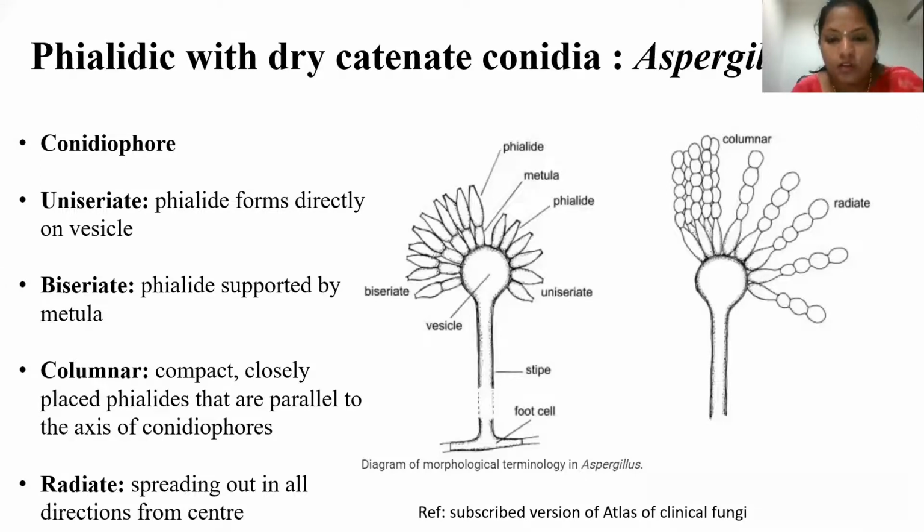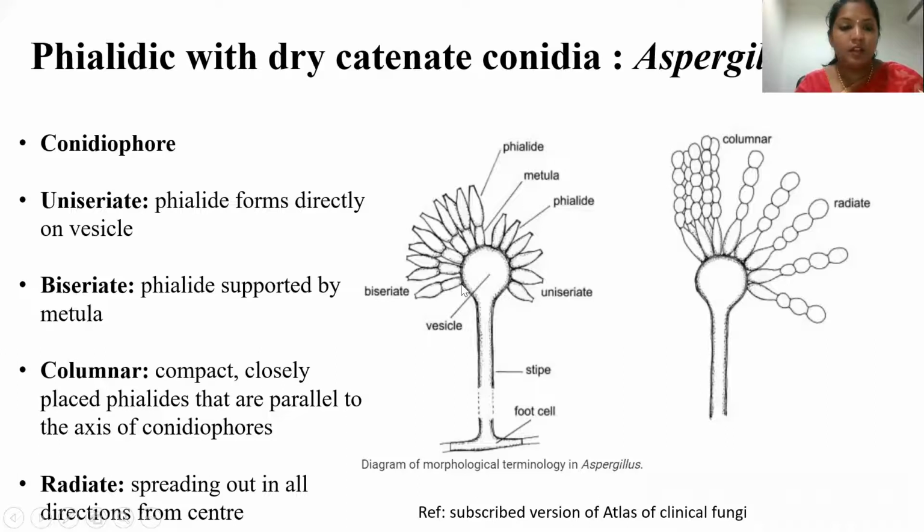We should know the parts of Aspergillus first. So here these will be forming separate hyphae. The conidiophore will be arranged, which arises from the foot cell. This is a conidiophore which will end in the swollen vesicle.